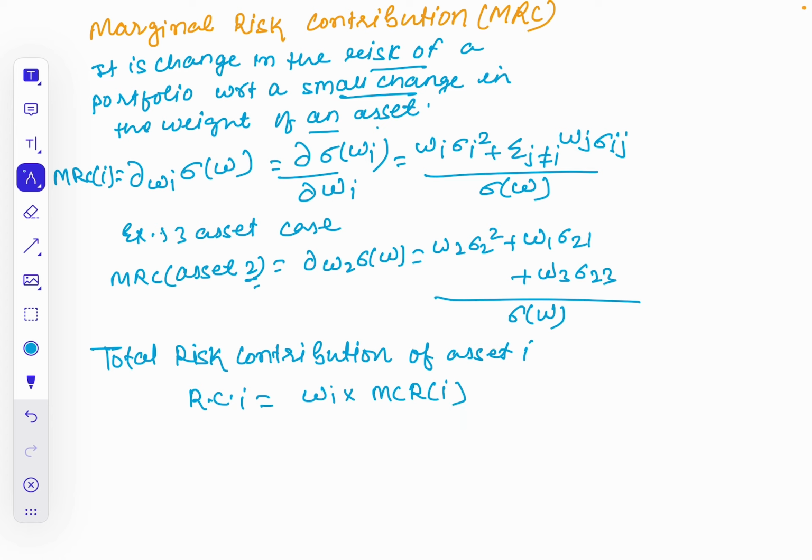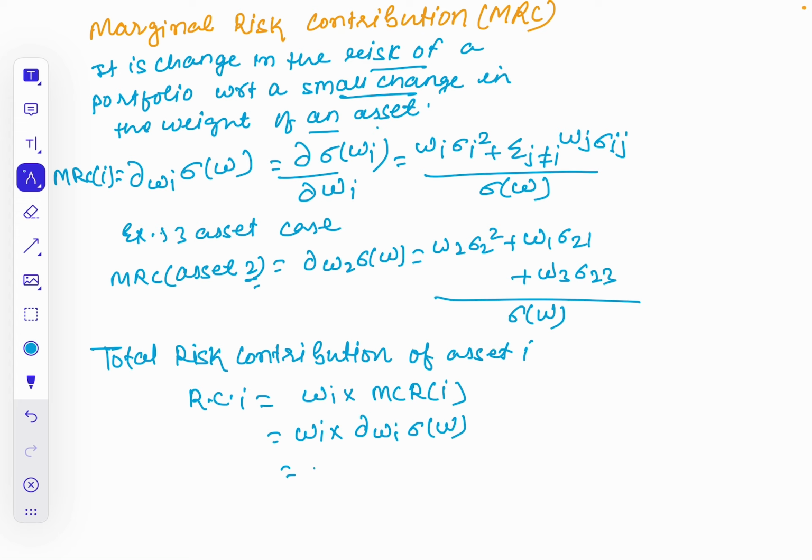This is the risk contribution of asset i in the total risk. So let us write this as Wi times the marginal risk contribution, and multiply the above term.